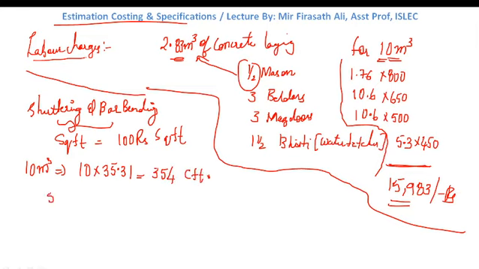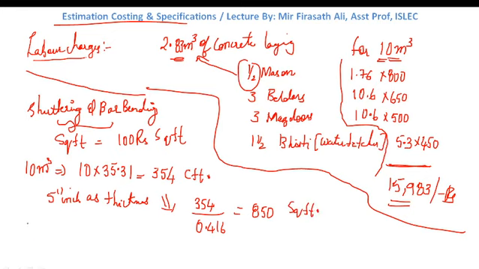If we take 5 inch as thickness of slab, then the area will be 354 cubic feet divided by 0.416, which is 850 square feet.